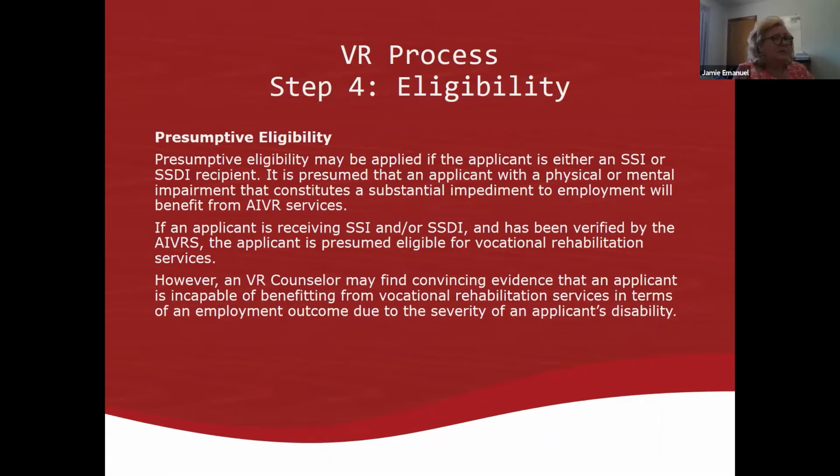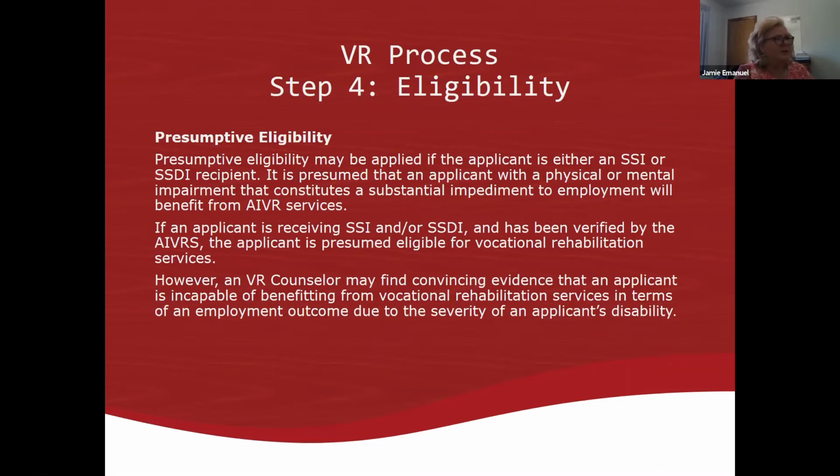It's presumed because they have been determined by the Social Security Administration to have a disability. So there's a presumption that they do have a physical or mental impairment that constitutes a substantial impediment to employment and that they can benefit from VR services. This is what we're talking about when we say presumptive eligibility or presumed eligible.